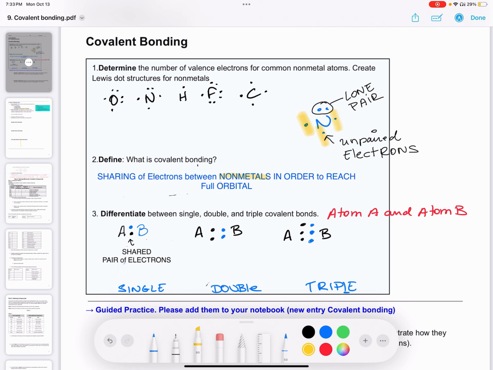And in order to reach a full orbital, same business as ionic bonding, they will bond so they can have 8 valence electrons in the outer shell, with the exception of hydrogen, that will have 2 valence electrons. So hydrogen is the only exception, at least for nonmetals.